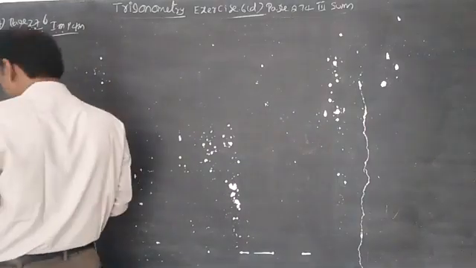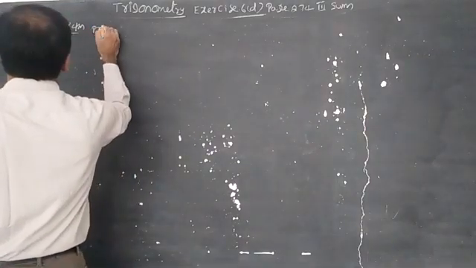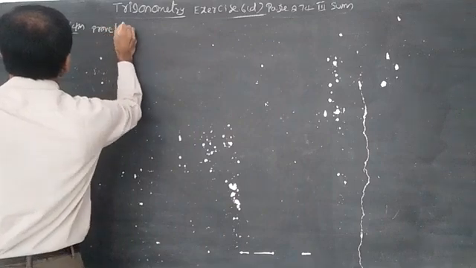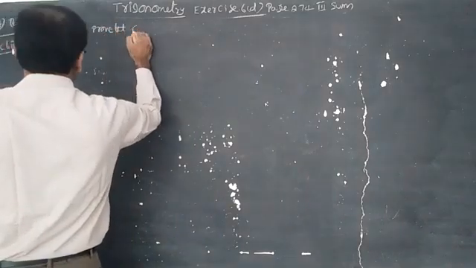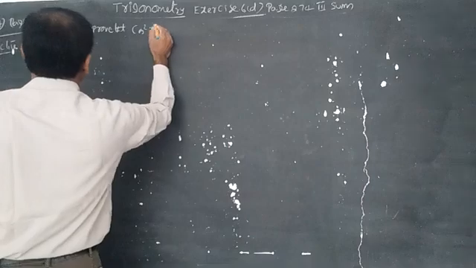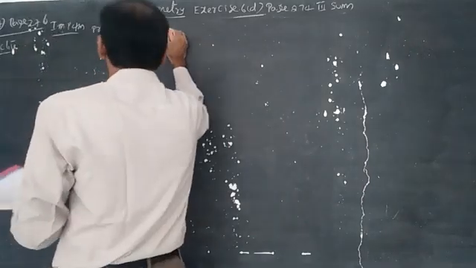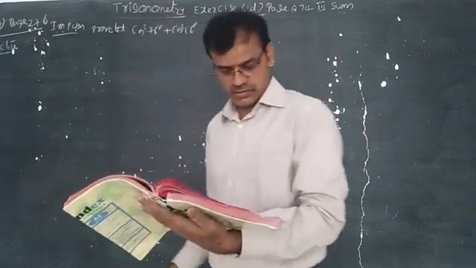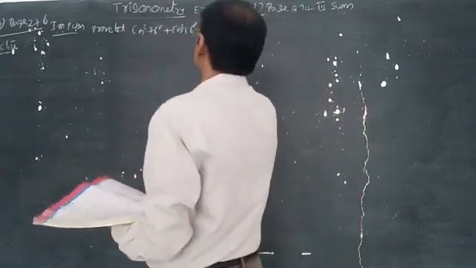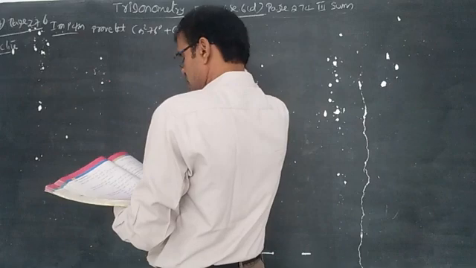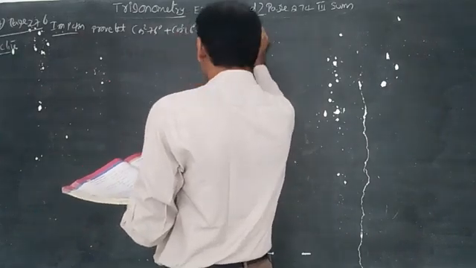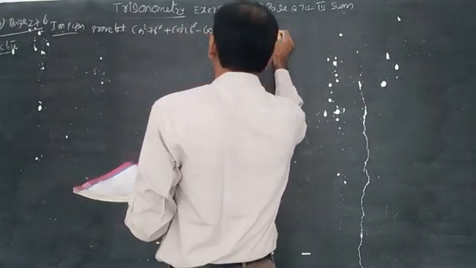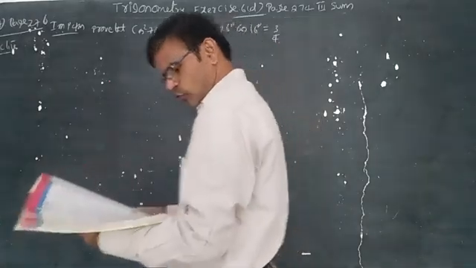In the MSET level, prove that cos square 76 degrees plus cos square 16 degrees minus cos 76 degrees into cos 16 degrees is equal to 3 by 4.